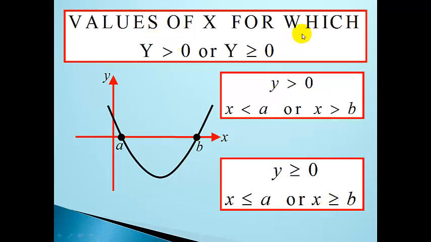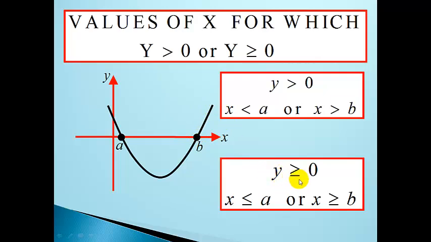Now, values of x for which y is greater than 0 or y is greater than or equal to 0. If you want the values of x for which the curve, or y, is greater than 0, then these are values of x less than a and values of x greater than b.